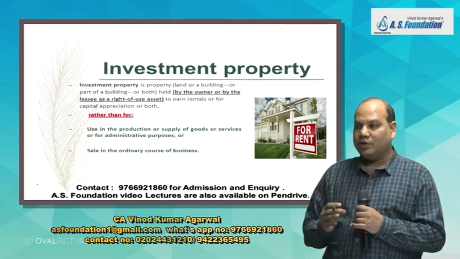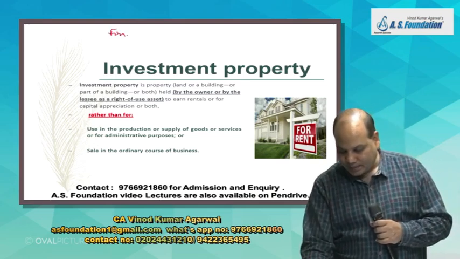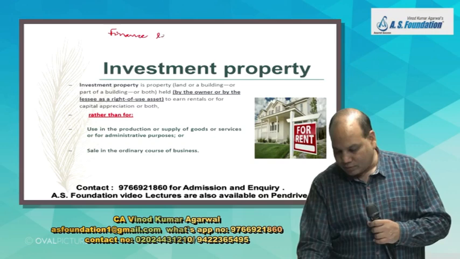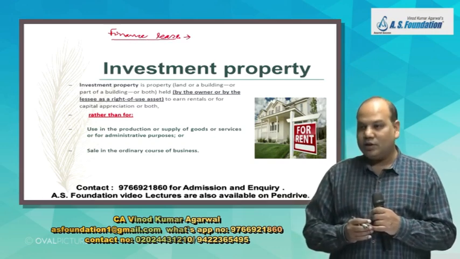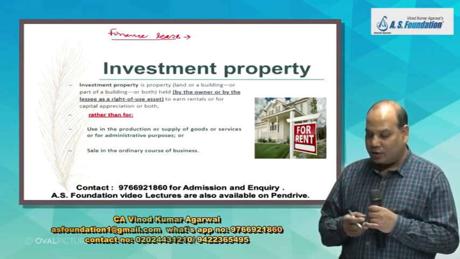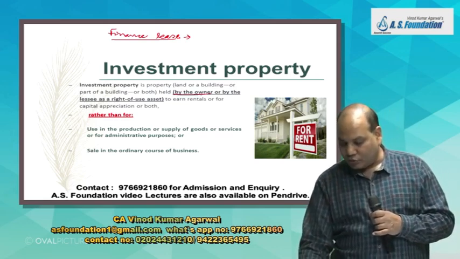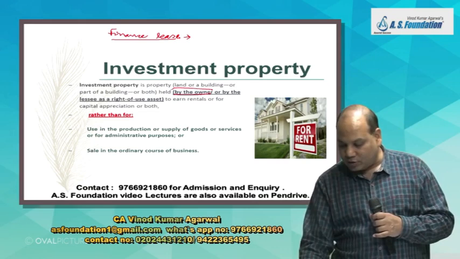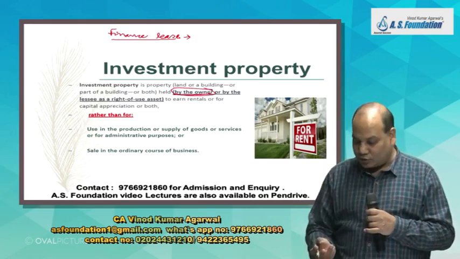Because sometimes what happens in a finance lease, basically, at least some basic knowledge you have about finance lease, the asset is capitalized in the books of the lessee. Is it right? Instead of the lessor. So that is why I said by the owner. Normally in case of operating lease, the asset is capitalized in the books of the owner, the lessor.